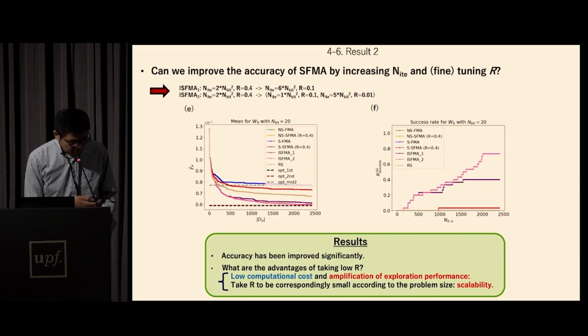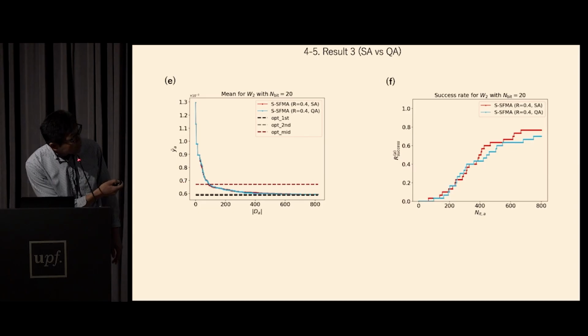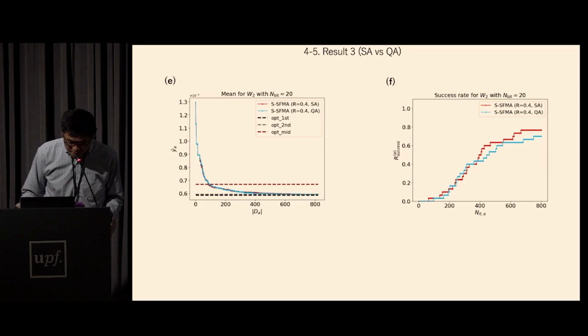Okay, so finally, our third result. In the two previous slides, I showed you the results of the SA, simulated annealing. And we also performed the computation using quantum annealing. The red curves are the results of SA, and the light blue curves are the results of quantum annealing.